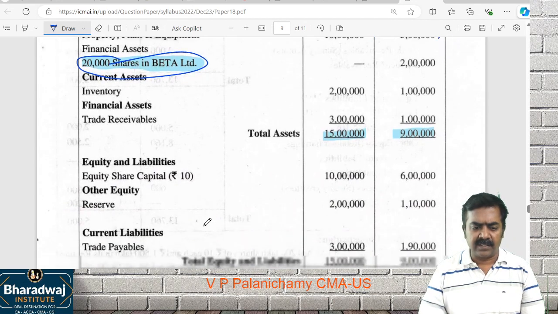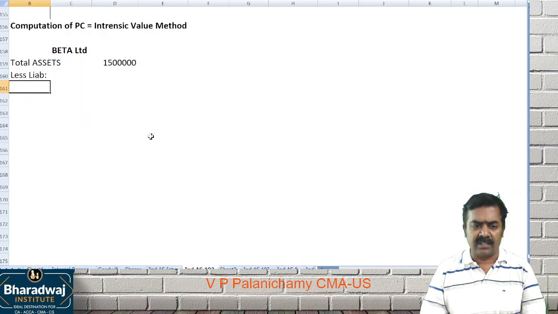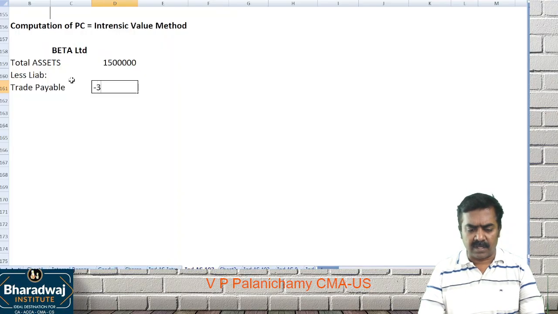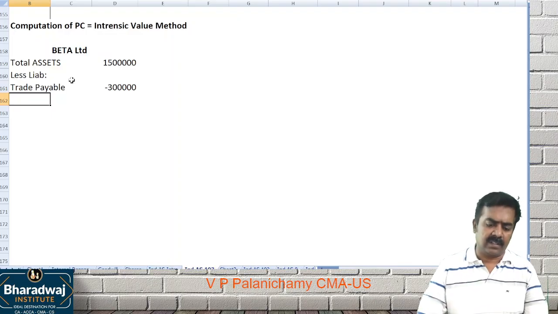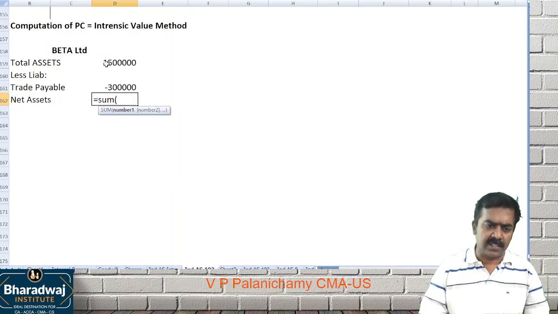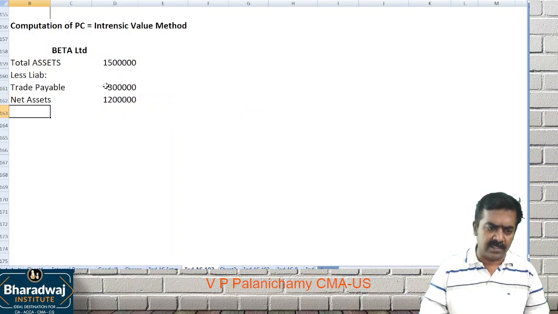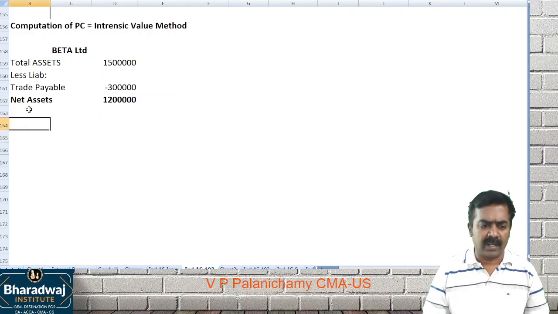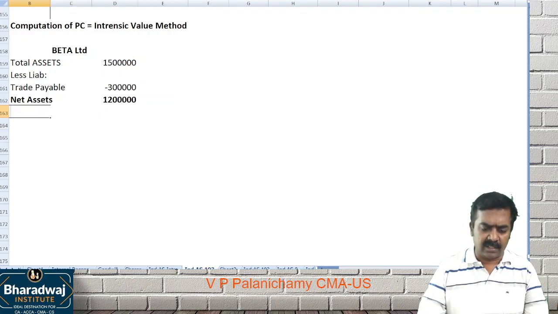What are the liabilities? Only one current liability, trade payable, 3 lakh. Net assets: 15 lakh minus 3 lakh is 12 lakh. 12 lakh divided by number of shares.